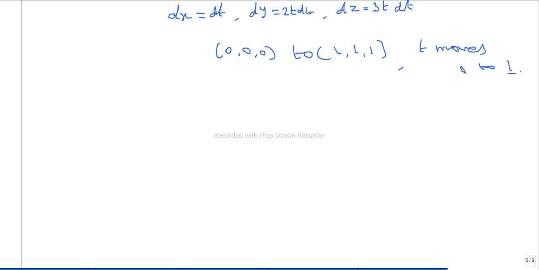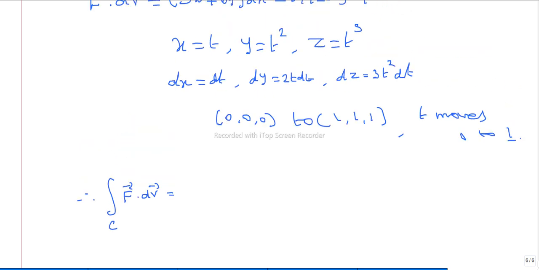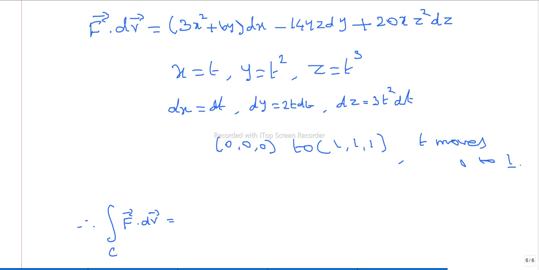Therefore, the integral over the path C of F dot dr: you have to replace everything in terms of t, so t varies from 0 to 1.